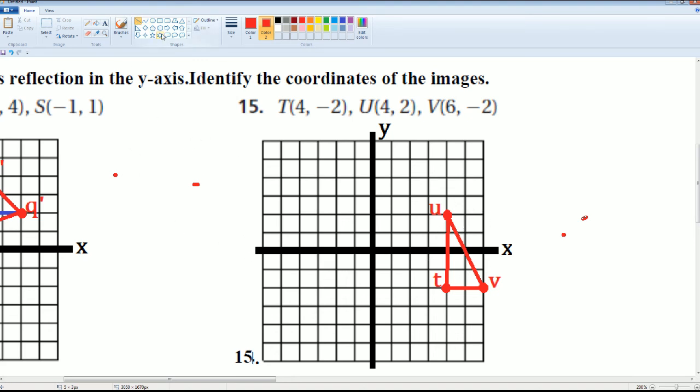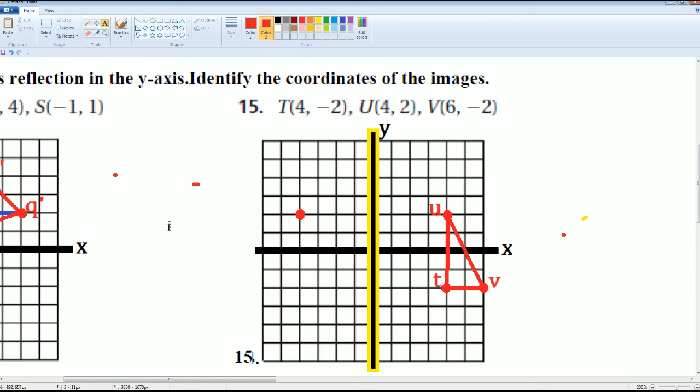Alright, we're going to reflect this in the y-axis. So let's highlight our line of reflection on the y-axis. I am this time going to draw the distance, the blue line. You just got to visually see it. Okay. 1, 2, 3, 4 left. So it's 1, 2, 3, 4 left.